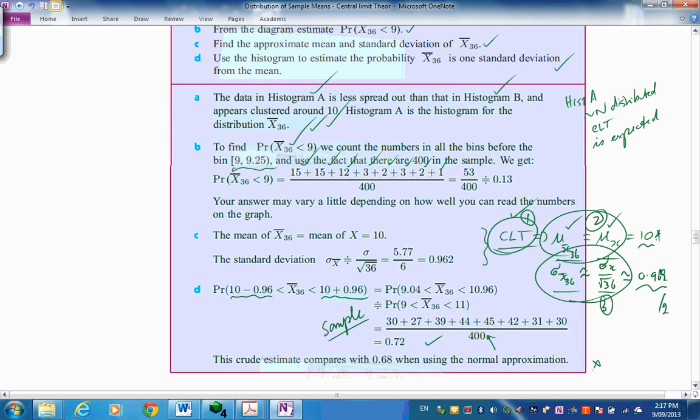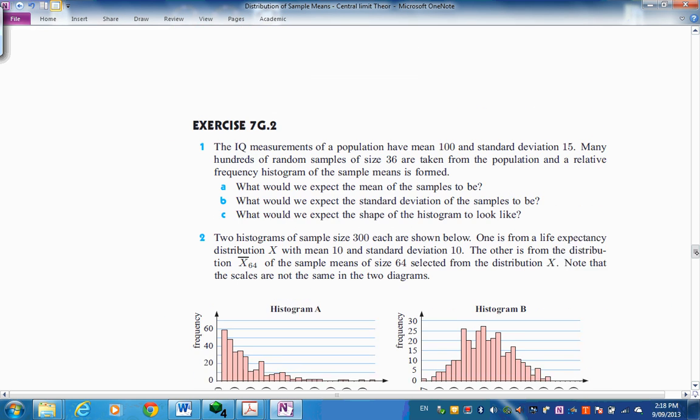And if you did it on the calculator, you would get, of course, approximately 68%. But here it's 72, because we're doing a rather rough estimate of that, and we're limited by sample size. It's a big sample size, but it needs to be a lot bigger if we're going to get that estimate of the continuous variable. Okay, come down now and have a go yourself.